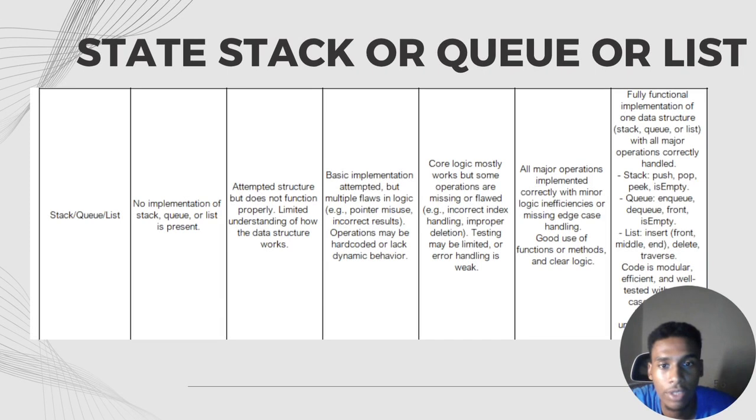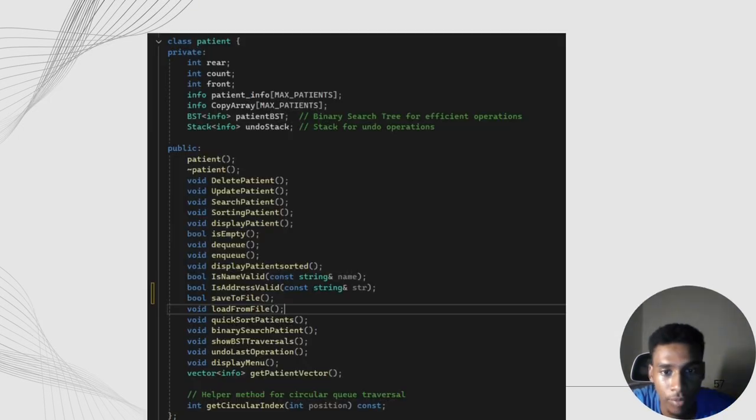Next criteria we have is the stack, queue or list, where we have fully implemented the queue with complete functionality. Here in the patient, we can see the implementation of the queue, where in the private section we have the necessary queue data like the rear, count and front. And we can also see in the public section the DQ and EQ and so on.